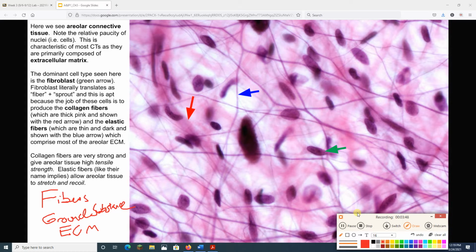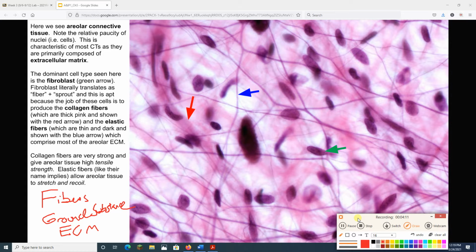And the 2 cell products are fibers and ground substance. Got a little ahead of myself there. Fibers plus ground substance equals extracellular matrix.